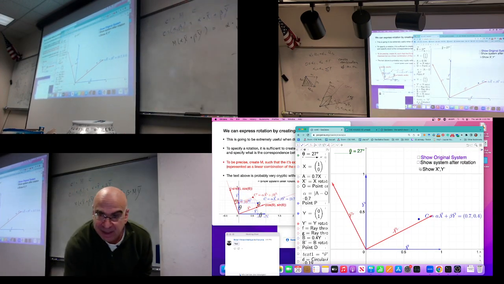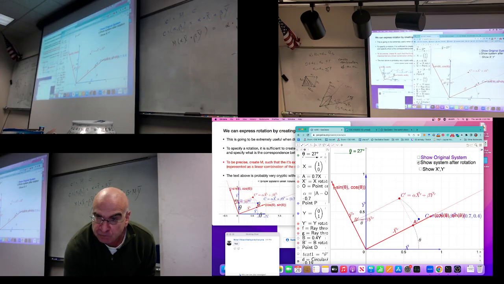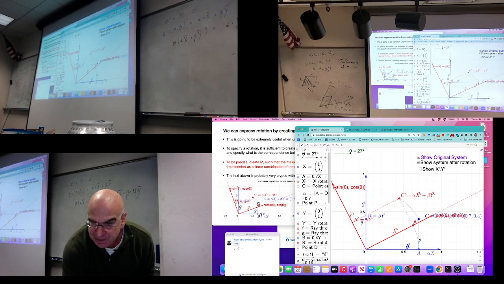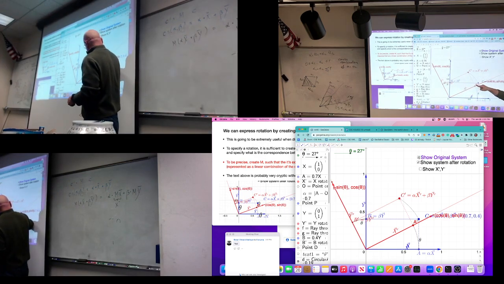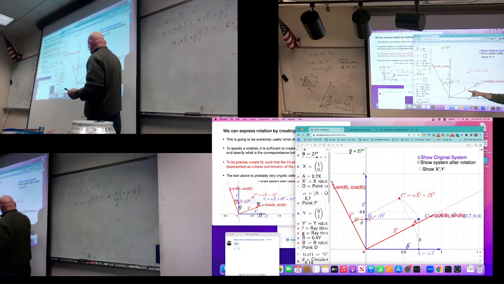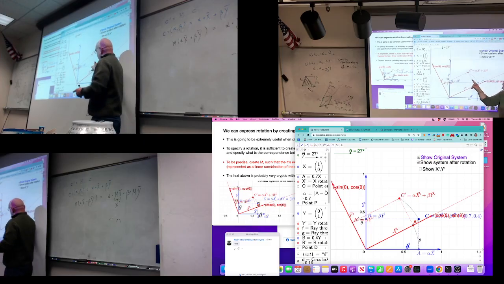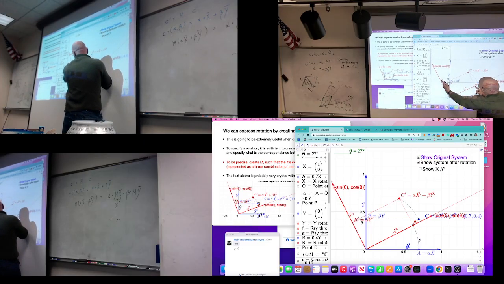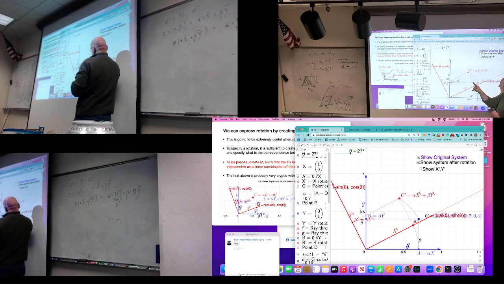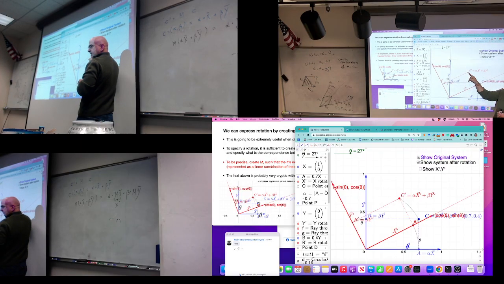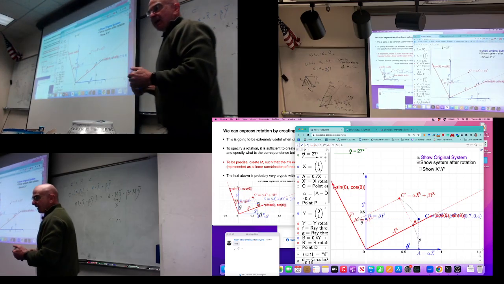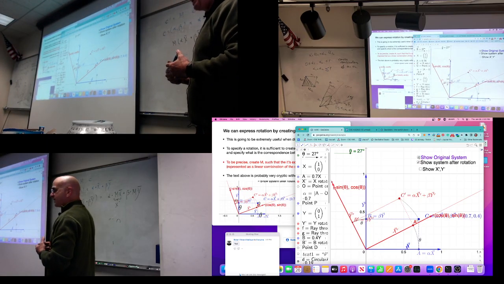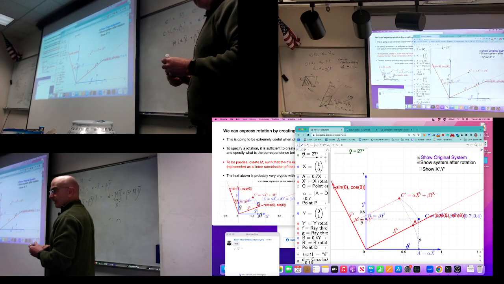And once you have done it, here is the original C. Go by alpha in the x direction, and once you get to your destination, go in the y prime direction. What is y prime? Original y rotated. Go in this direction beta units. So all I need to do is compute what x prime and y prime are in this scenario.